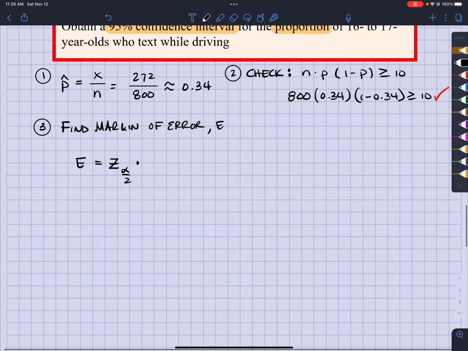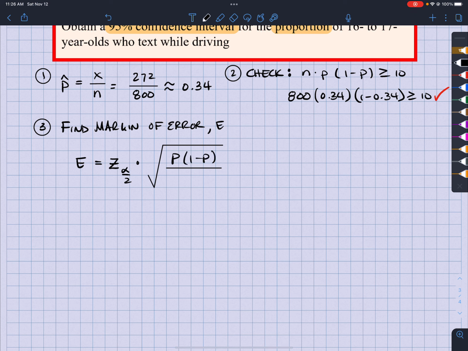So instead of just finding standard deviation, let's go ahead and just plug it right in, which is the square root of, I like to draw the fraction line first, so we're going to have p times 1 minus p, and these are all hats, divided by n.